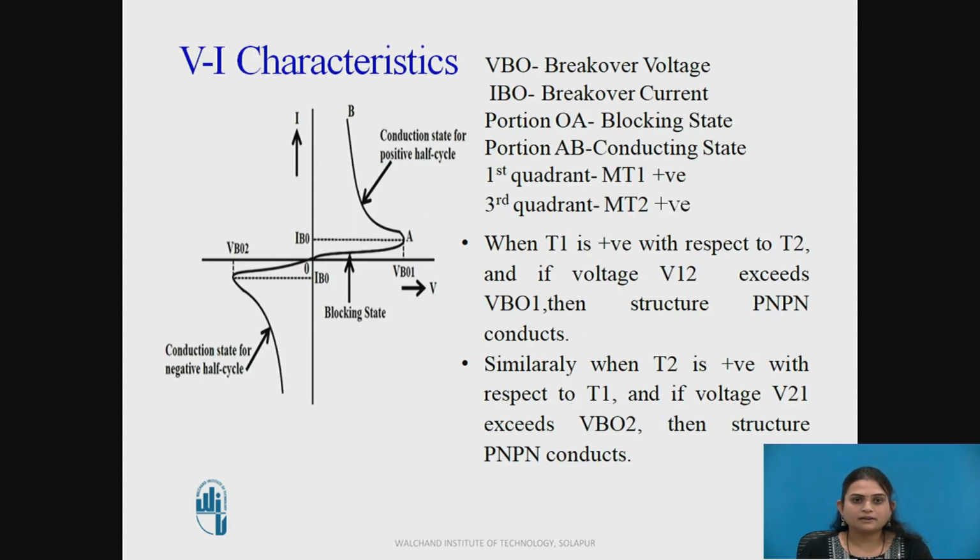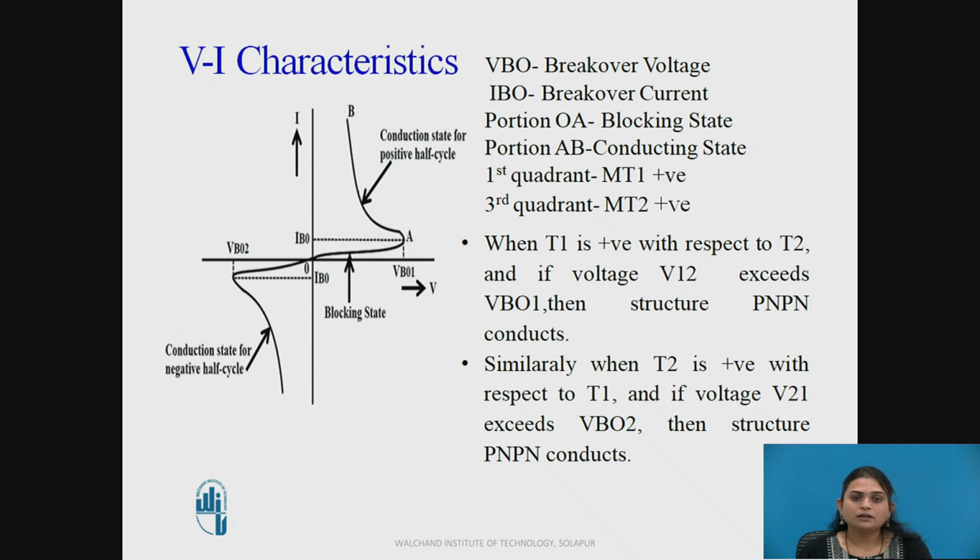This is the VI characteristics of the DIAC. In that, VBO is the breakover voltage, IBO is the breakover current, portion OA is the blocking state, portion AB is the conducting state, and in the first quadrant MT1 terminal will be positive, and in the third quadrant the MT2 terminal will be positive.